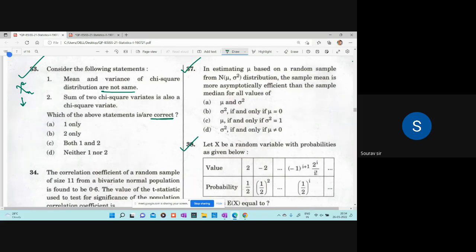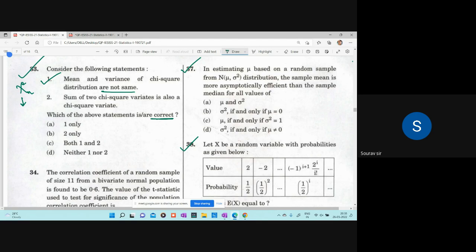So basically mean and variance of a chi-square distribution are not same. This is absolutely correct. And the sum of two chi-square variates is also a chi-square variate. Is it correct? Yes, it's correct.